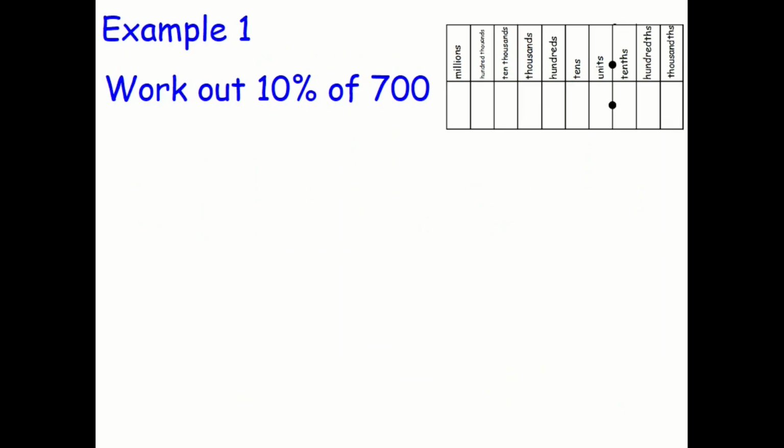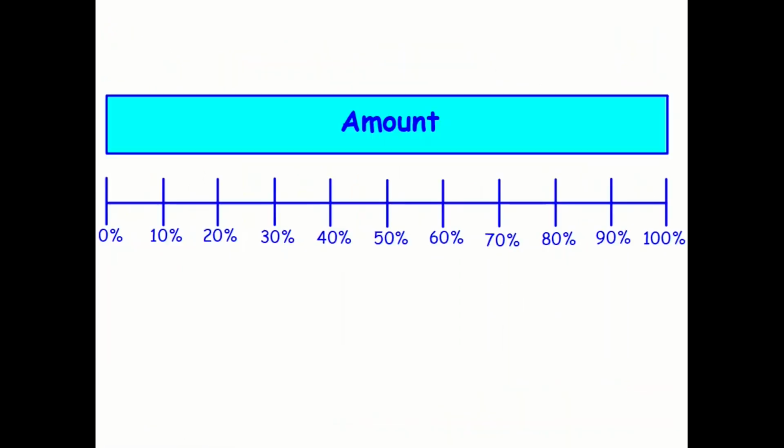So let's have a look at why that is really important. Example number 1 says work out 10% of 700. Well, let's go back to that little bar model at the beginning. Imagine 700 is this full amount. If I want to find 10% of it, what do you think I need to do?